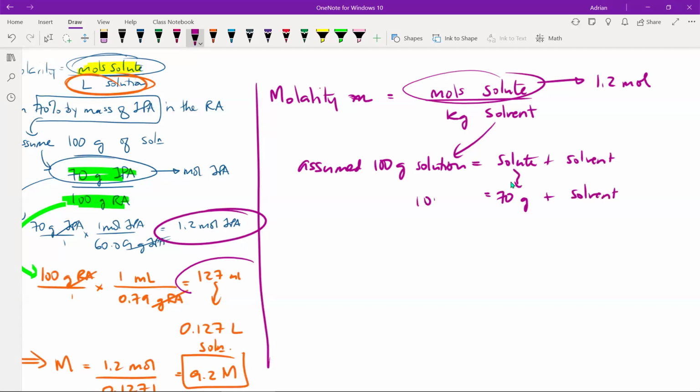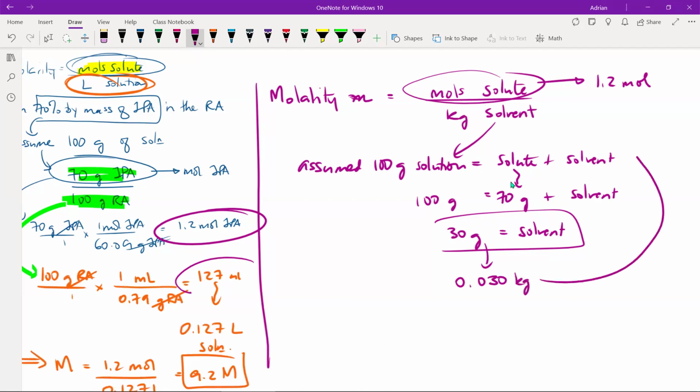So 70 plus something gives me 100. That would mean the solvent then, which is our H2O, would be 30 grams of the solvent. We need this in kilograms in order to calculate molality. So we divide that by 1,000. That'd be 0.030 kilograms. That's going to go in here.